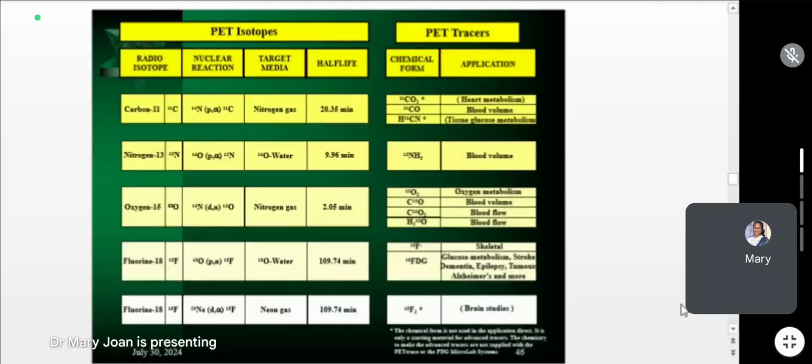So this is another table. This is most of what you need to remember regarding PET isotopes and tracers. So we have seen the isotopes and their characteristics, the production, nuclear reaction, target media, half-life, and the chemical form we have seen.